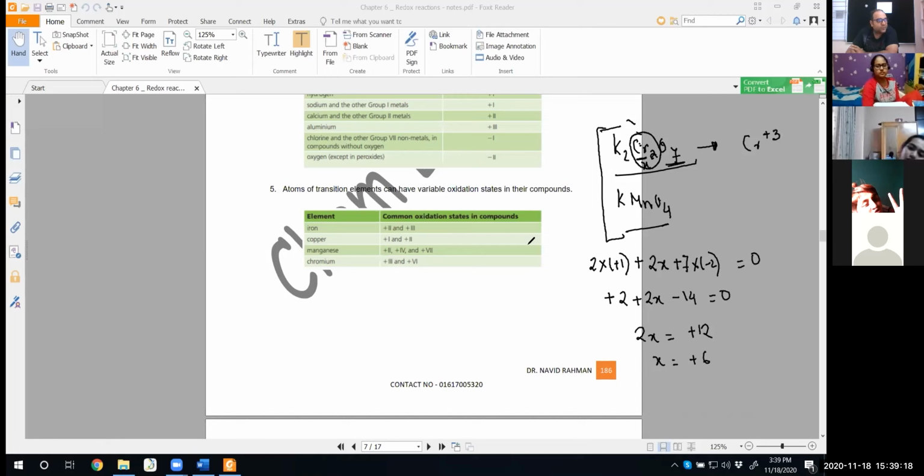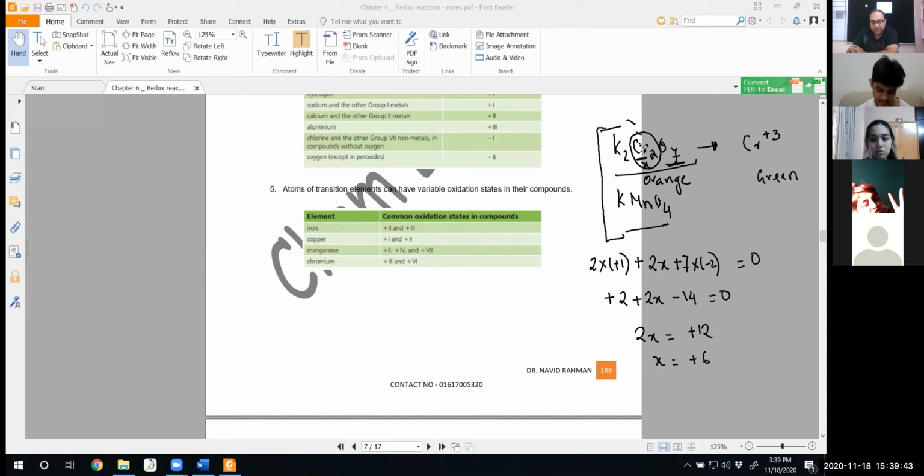In organic we also studied that when we oxidize an alcohol into a carboxylic acid using an oxidizing agent, what is the color change? Orange to green.